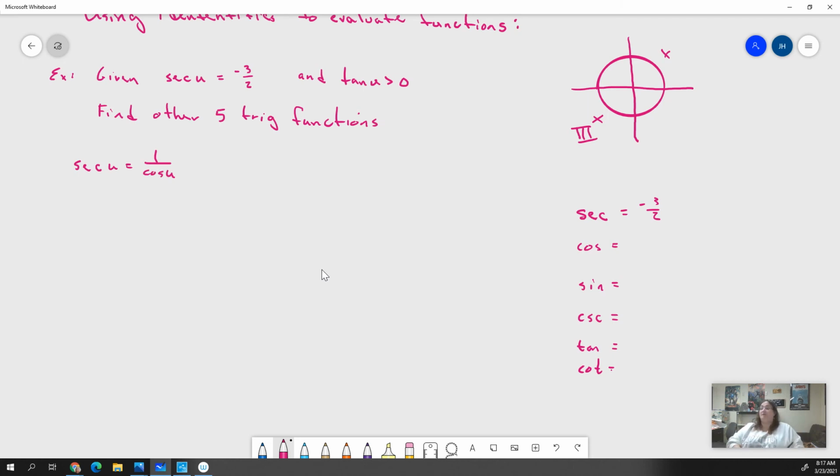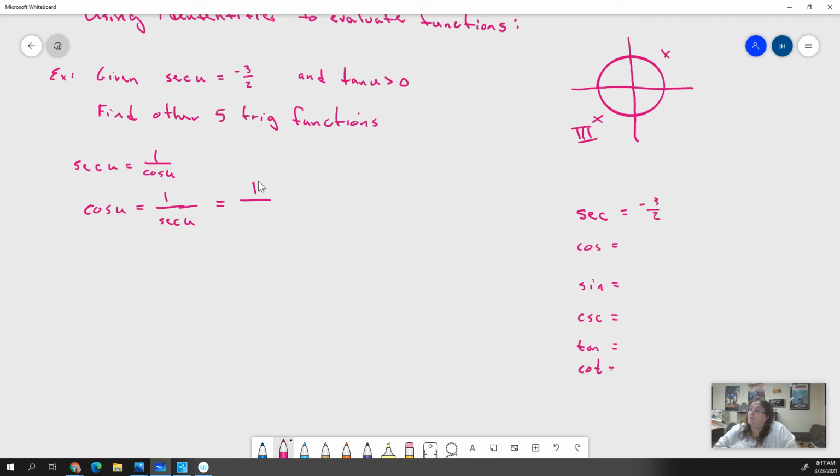It's one of our reciprocal identities. I'm going to rewrite that, though, as cosine of u, because that's what I'm trying to find, equals 1 over secant of u. Same thing, right? It's just the opposite identity. And I know that secant of u equals negative 3/2.